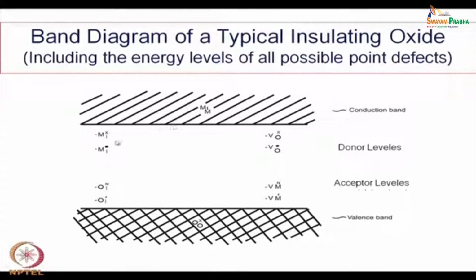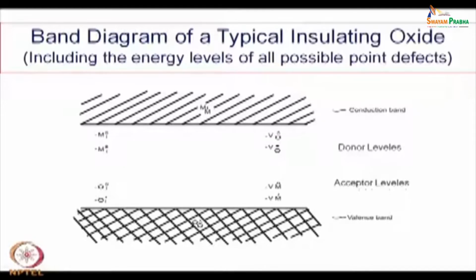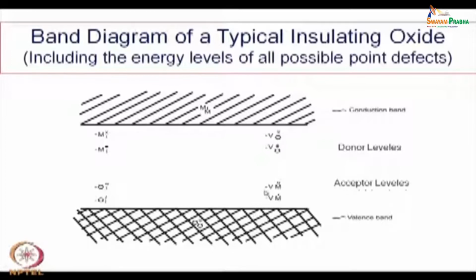And the other important issue I want to mention is the position of some of the defects. The defects also have some energy levels. We have earlier discussed the point defects of different types: metal vacancy, oxygen vacancy, charged or neutral vacancies, and metal interstitials as well as oxygen interstitials.